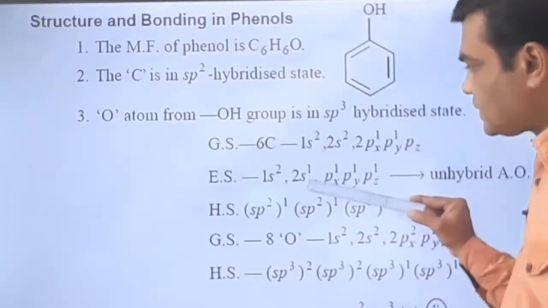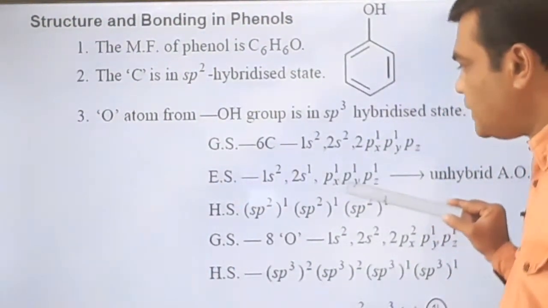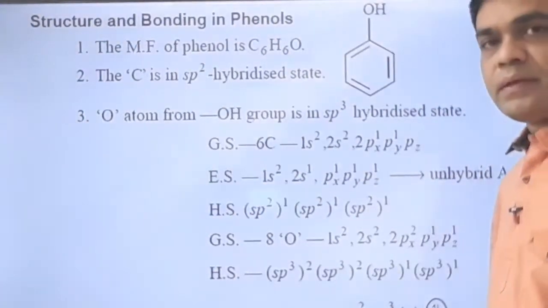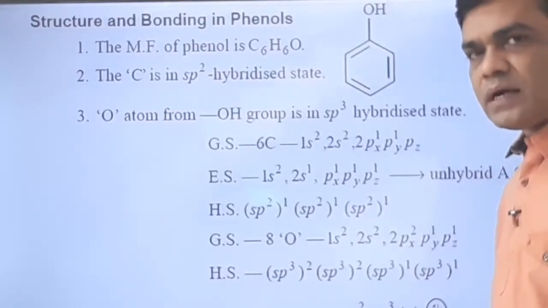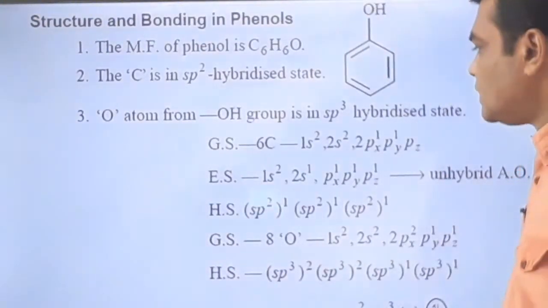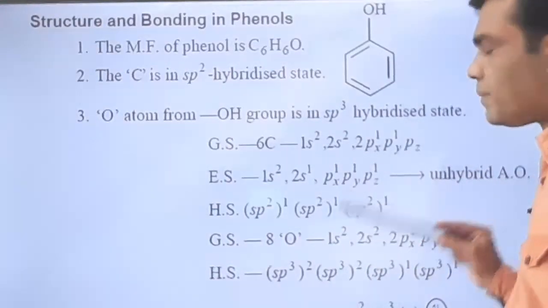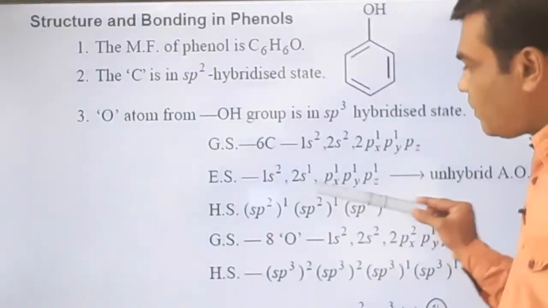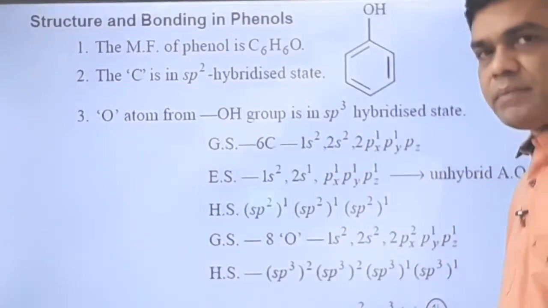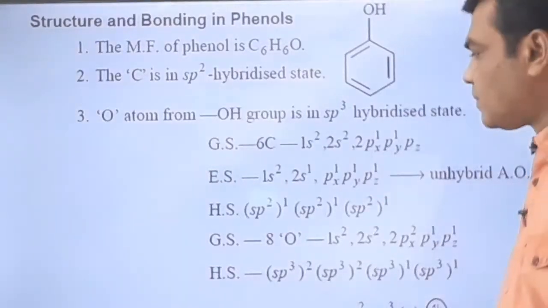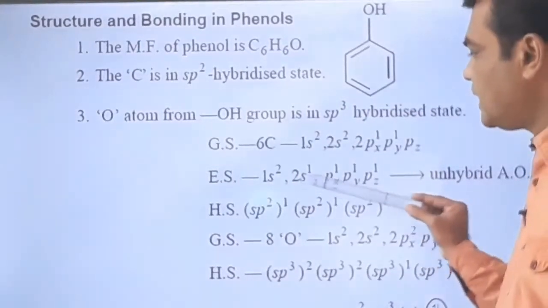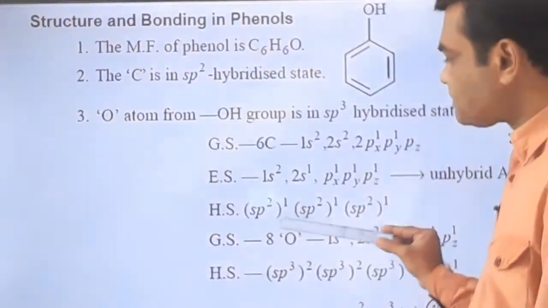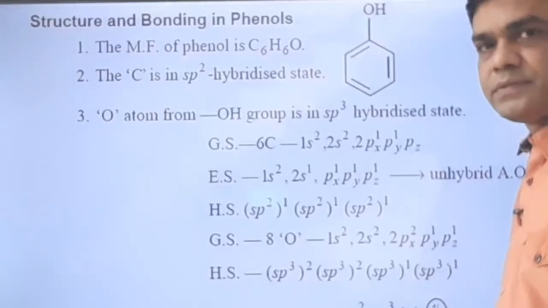Here, 2s, 2px and 2py mix and recast, that is, undergo hybridization to give sp2 hybrid orbitals. As we know, the number of atomic orbitals participating in hybridization equals the number of hybrid orbitals formed. As 3 atomic orbitals participate here, we get 3 sp2 hybrid orbitals.